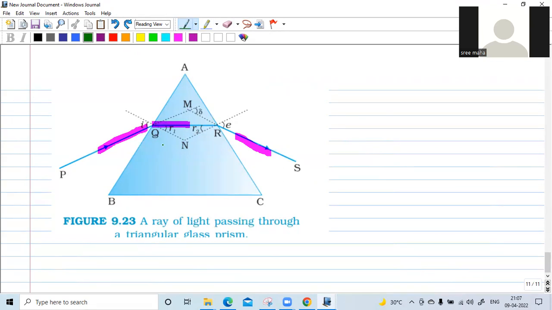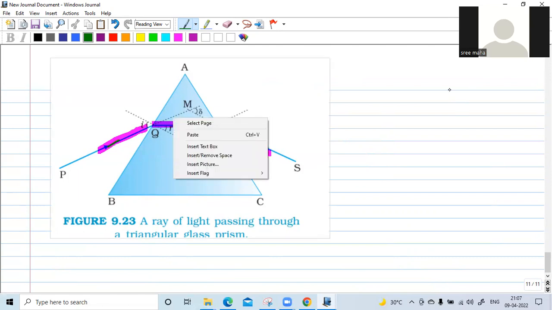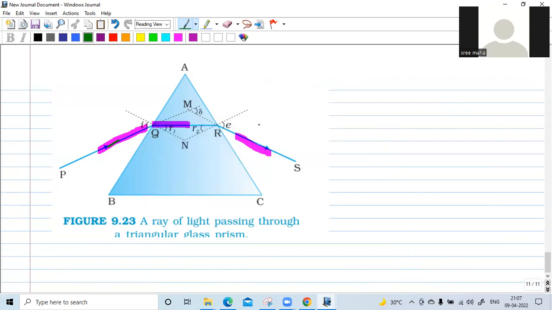If we take these two, this is the incident light and this is the refracted light. So the amount of deviation is this much, right? This much is the deflection. This is the incident light and this is the refracted light, just at the first interface.